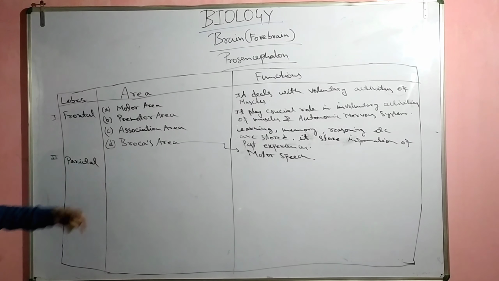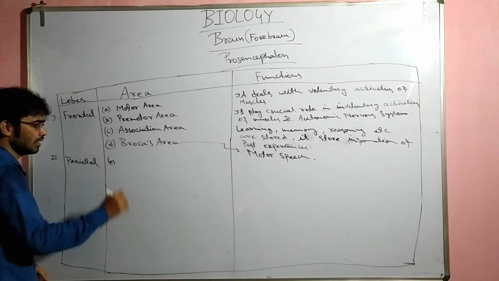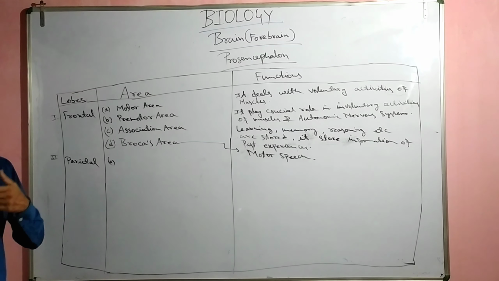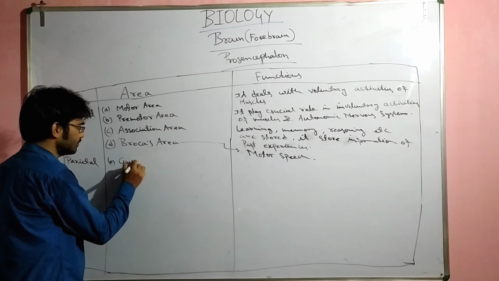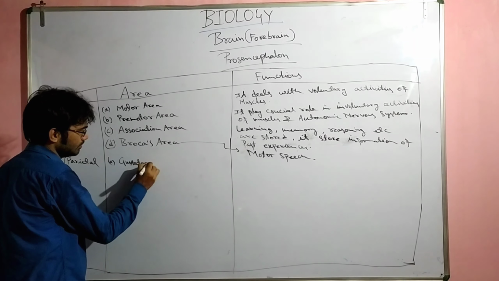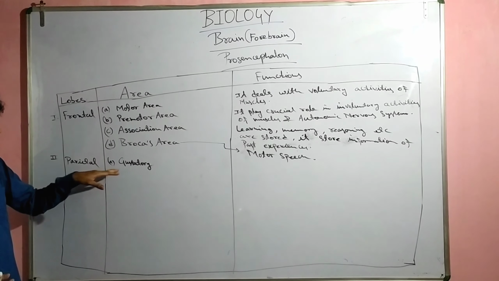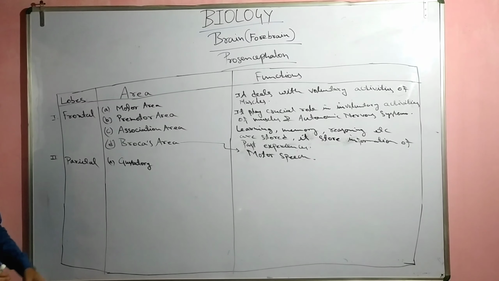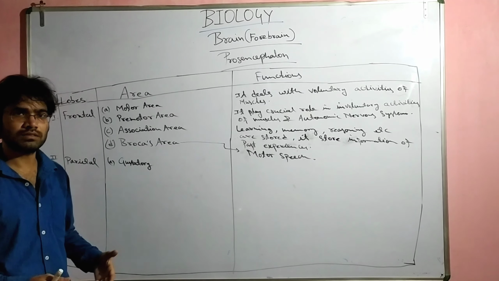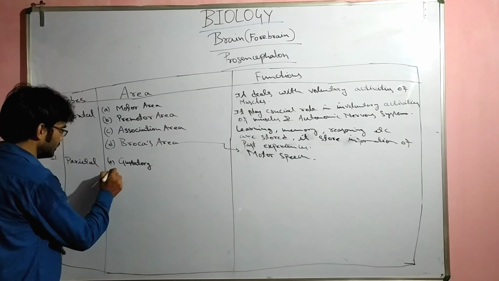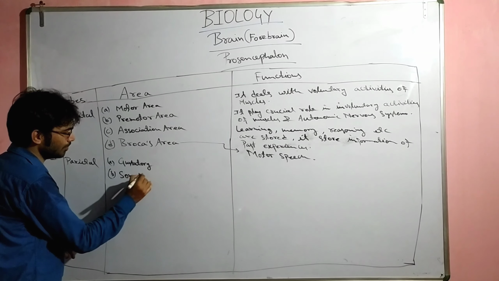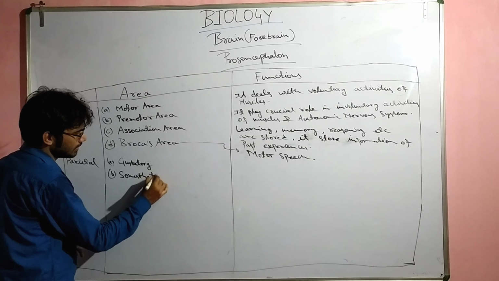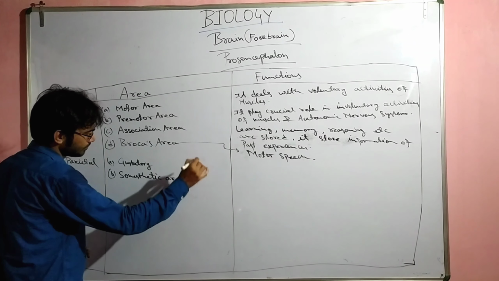Now the second lobe is the parietal lobe. The parietal lobe has three areas. The first one is the gustatory area. It is related with taste. The second one is the somesthetic area.